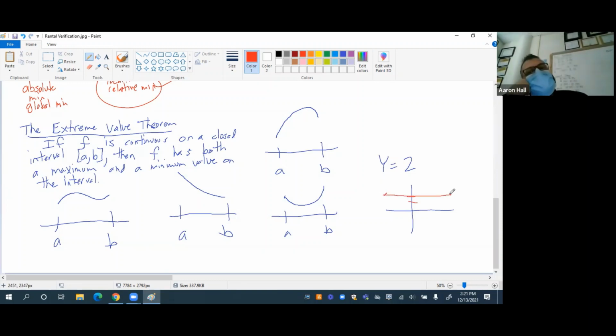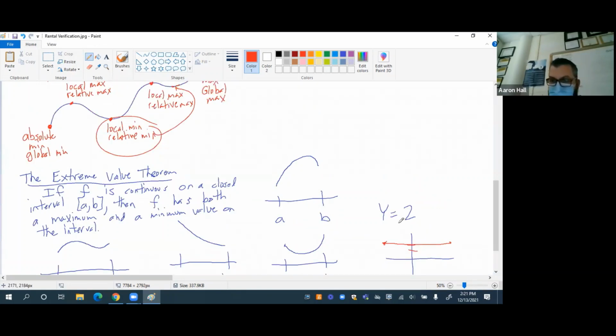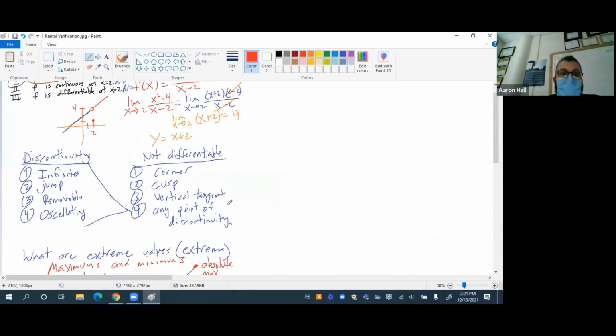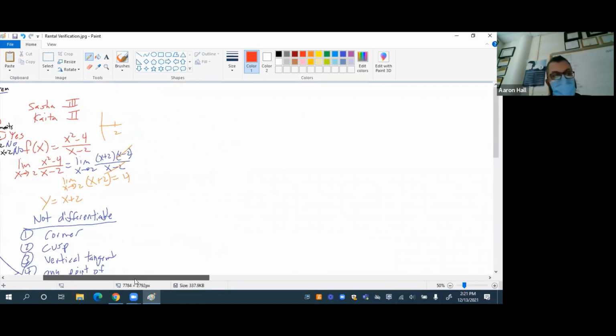Then my maximum is 2 and my minimum is 2. Where is it? It's everywhere in this case. But you are still guaranteed a maximum point and a minimum point. They just, in this case, turn out to be the same. Okay, so let's move on.